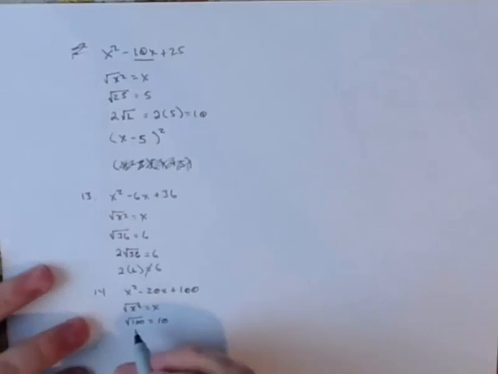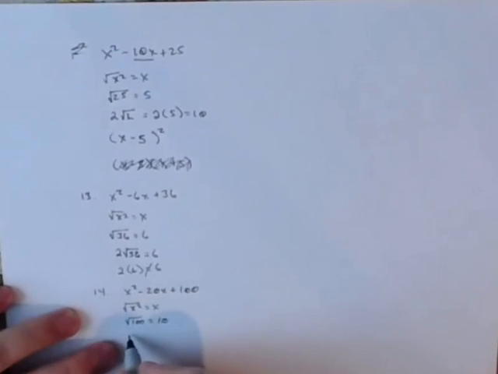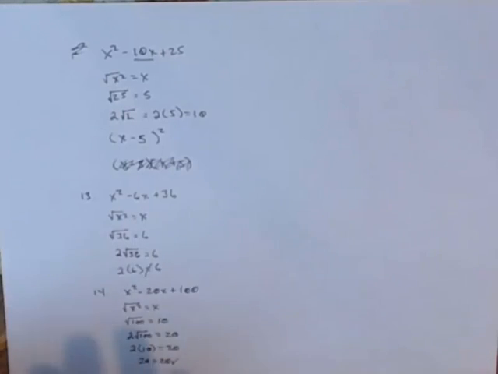The third check is that 2 times the square root of the last equals 20. Or 2 times the square root of 100 is the same as 2 times 10. Is that equal to 20? Well, 20 is equal to 20. Therefore, it checks. So yes, it is a trinomial square.